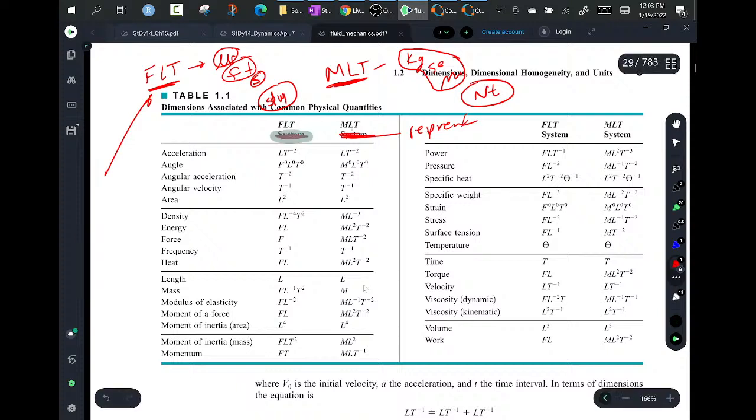So if you say that this is a system instead of a representation, then that's going to tell me that a force in an FLT system is a pound, but a force in an MLT system will not be written as a Newton, but will be written as a kilogram meter per second squared. The whole point is you have a Newton.